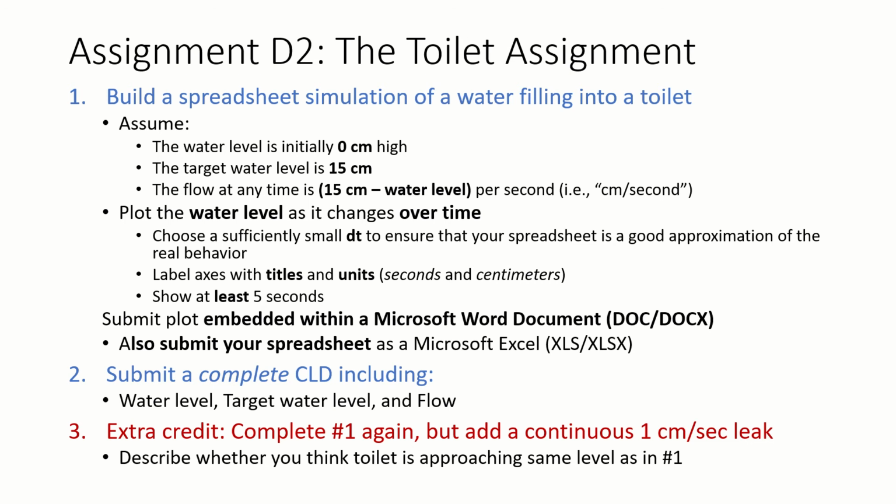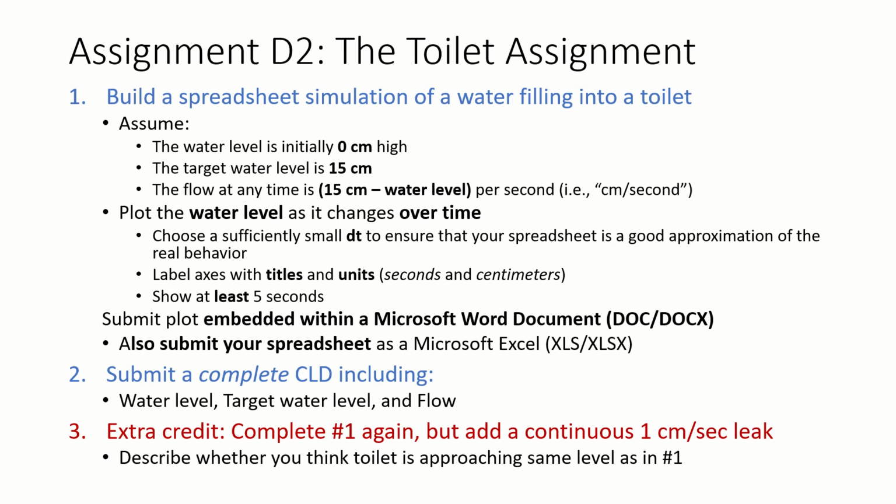So the new assignment, now that I've done the first assignment for you, is equally simple, but it's a very different context. So you're basically building a spreadsheet modeling how water fills in the back of a toilet. So you assume that you just flush the toilet and the water level is 0 centimeters above the bottom of the toilet.